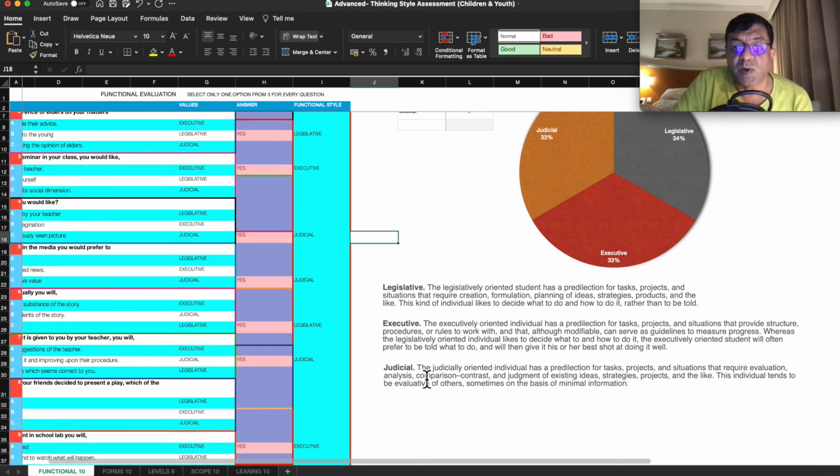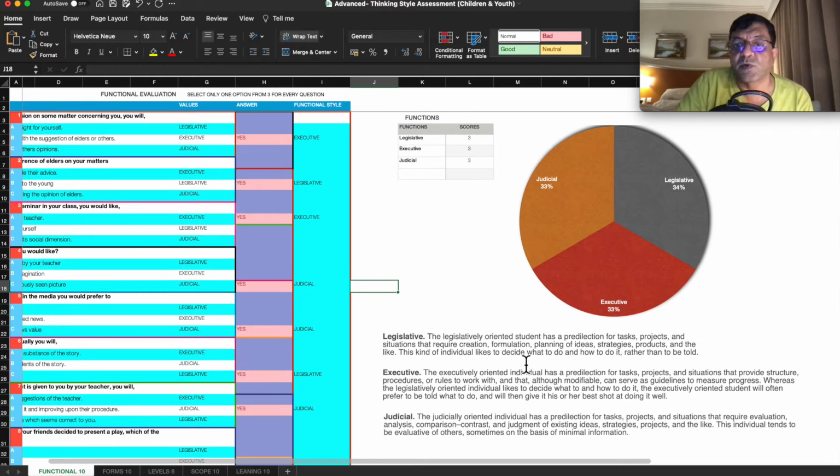The judicial ones have a predilection of tasks for analysis, evaluation, comparison, contrast, judgment of existing ideas, strategies, projects, and the like. So, as you can see, all are required. There's no one good or bad here, and there's not one person who has only one and not the others. It's a shade of things. It's always a shade of things. We are all comprised as personalities of a number of sides to us, right?